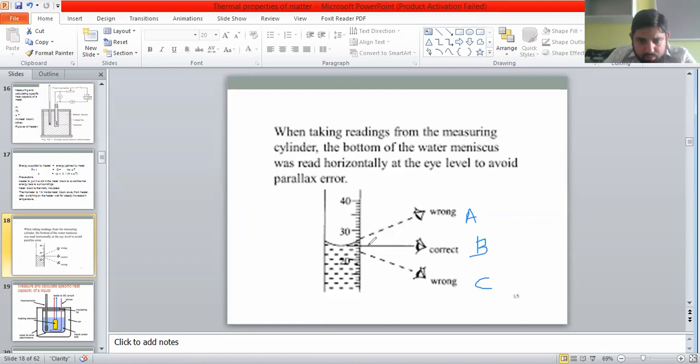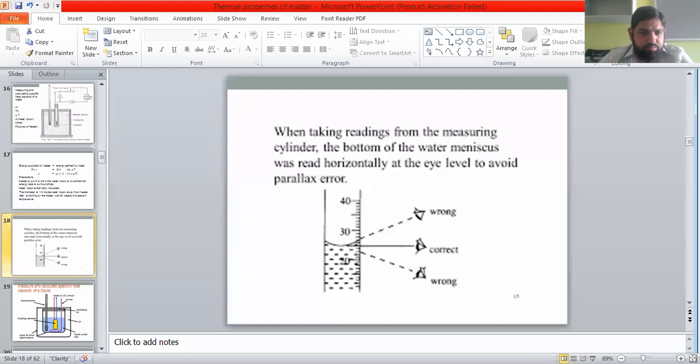B is reading 25, C is reading 23, and A is reading 27. B is correct because the line of sight is perpendicular to the calibrated surface. A and C are reading it wrong. So whenever you suggest a possible error in an experiment, in the case of parallax error, you will state it clearly that the line of sight must be perpendicular to the calibrated surface. Okay.